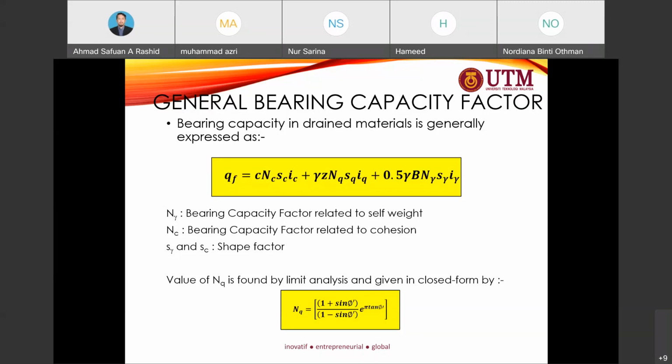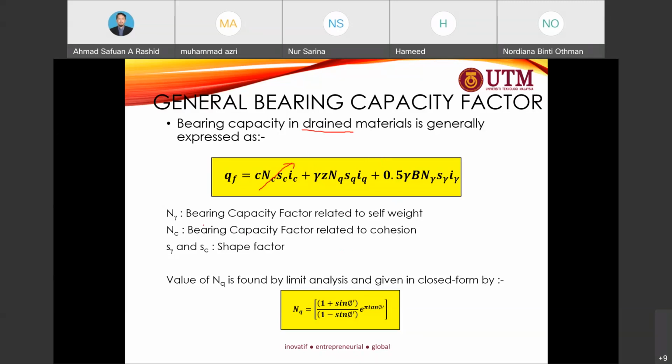So bearing capacity in drained material is generally expressed as this equation. This is based on the drained condition only. If it is fully drained or fully sand, there will be no Nc value later on.